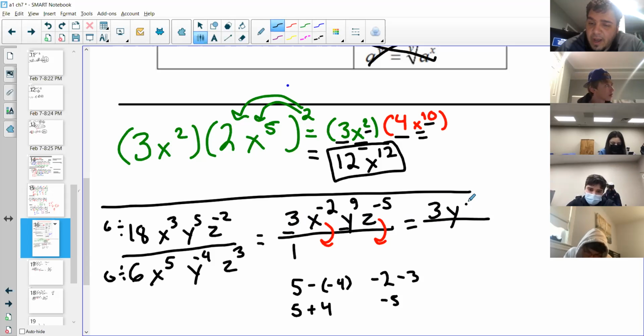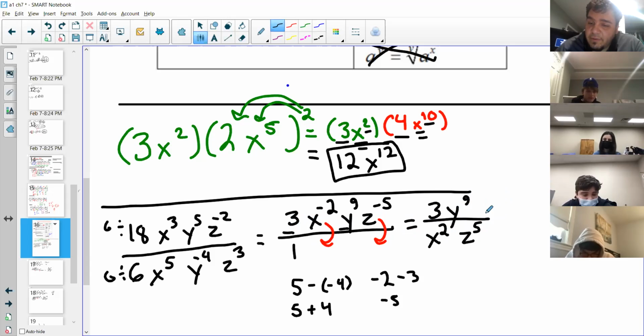So it's going to be 3y to the 9th on top. On bottom, x to the negative 2 becomes positive, so it's x to the positive 2. And z to the negative 5th goes down, it's going to be positive z to the 5th. So we have 3y to the 9th over x to the second, z to the 5th.